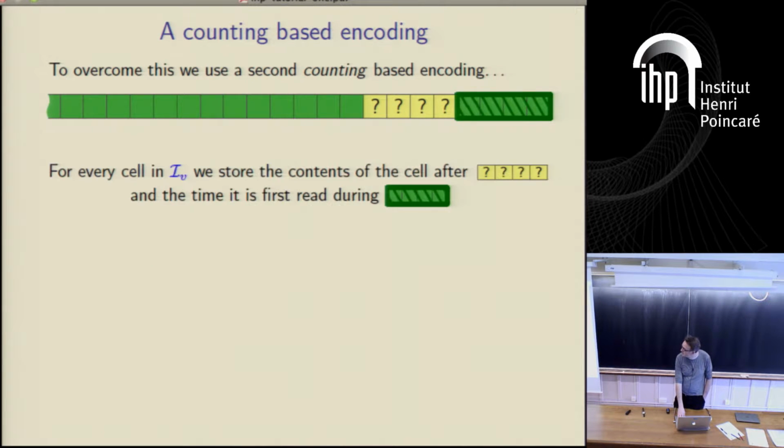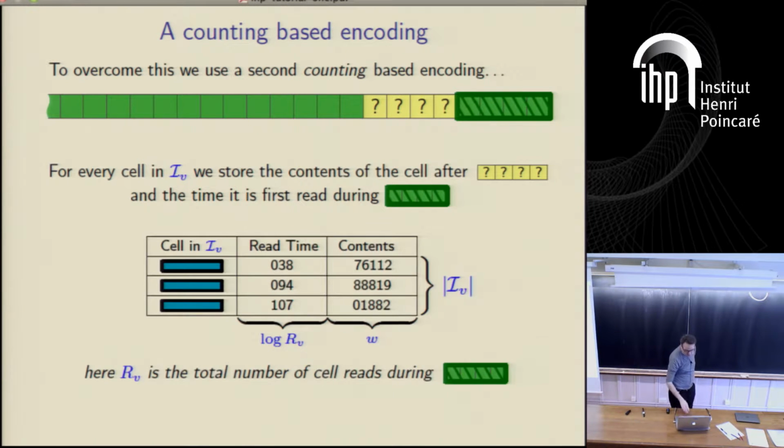Well, what we can do instead is come up with a different encoding. So an alternative encoding, rather than storing the addresses of all these cells, is to store the time at which they're read when you're doing this work here. And so this is a little picture of it.